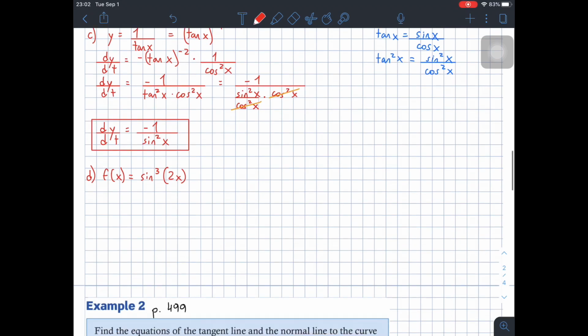Okay, so if we apply the derivative of this function and we apply the chain rule, the first part would be finding the derivative of the exponent. So this would be equal to 3 sine squared of 2x, right? Then we need to multiply this and find the derivative of sine of the angle.